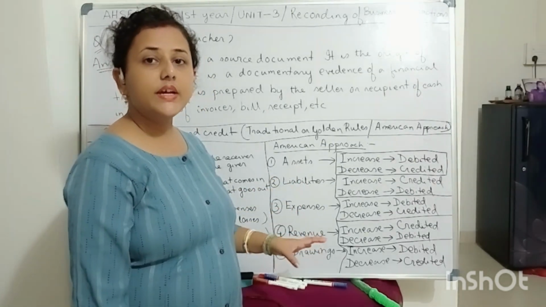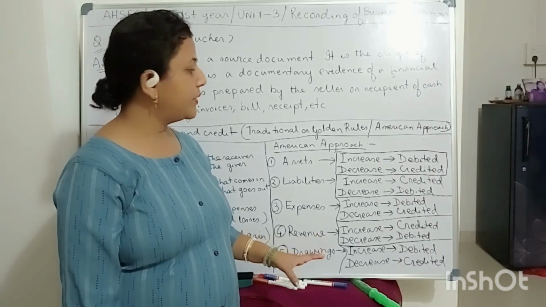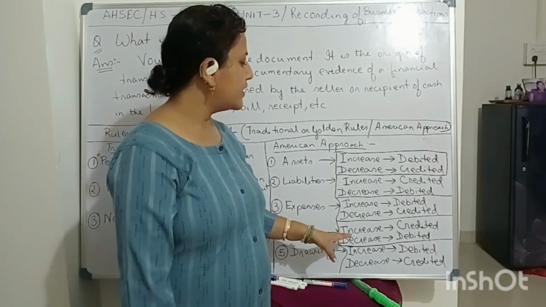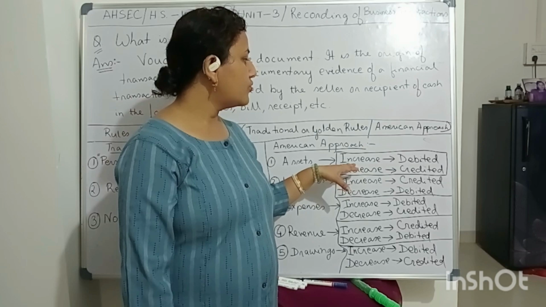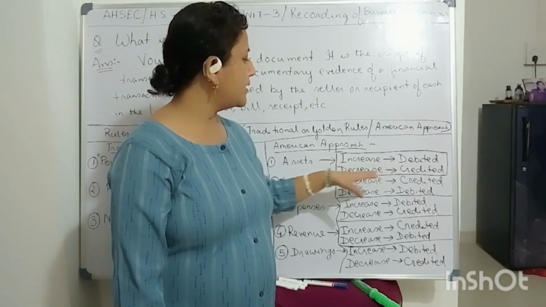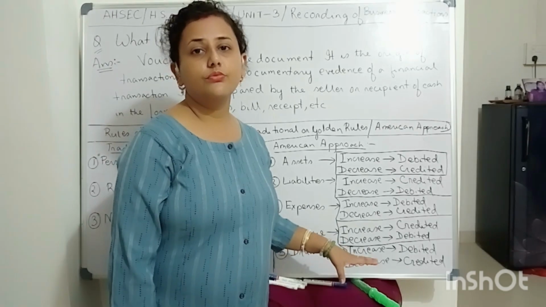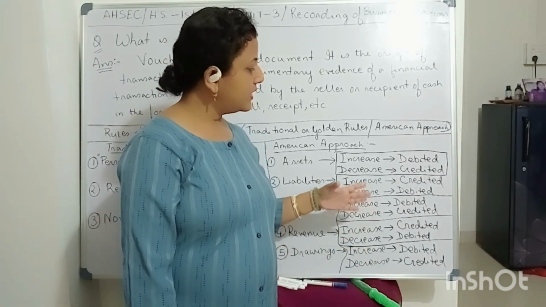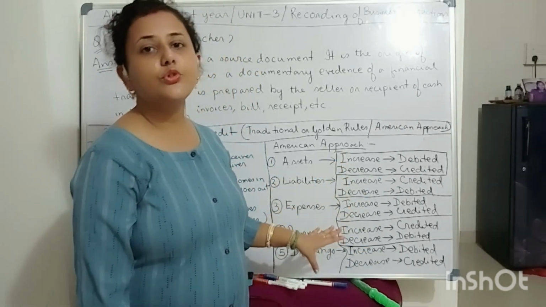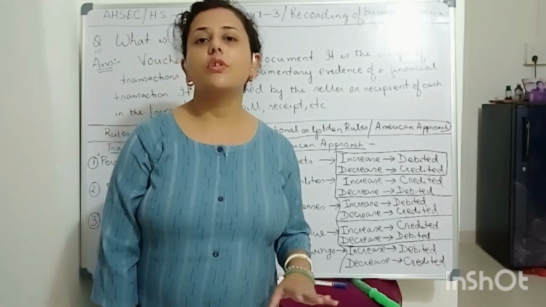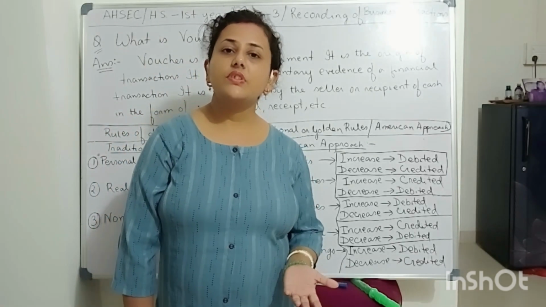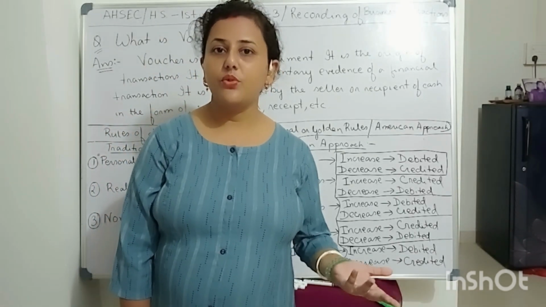On that basis, if the account increases, it should be debited, and if it decreases, it should be credited. That is how it is followed. If you know this American approach, you can very easily pass the journal entries. Journal entries are very much necessary for an accountant.